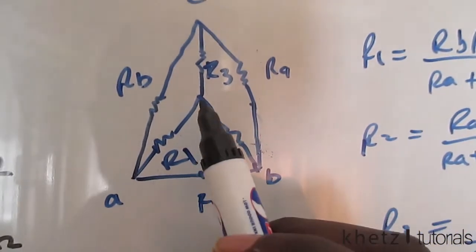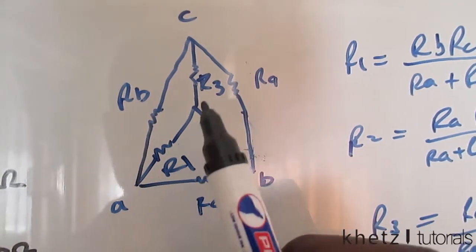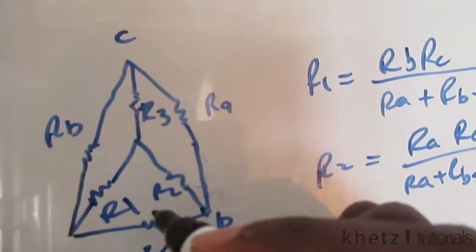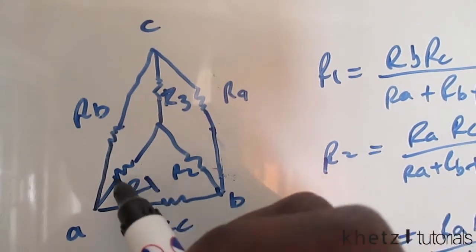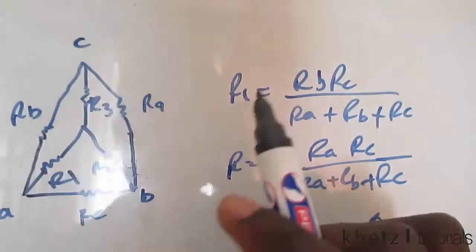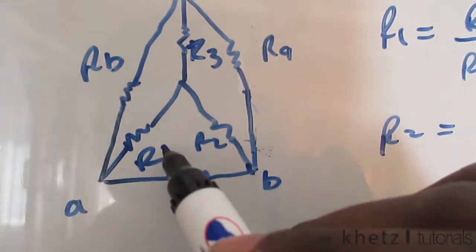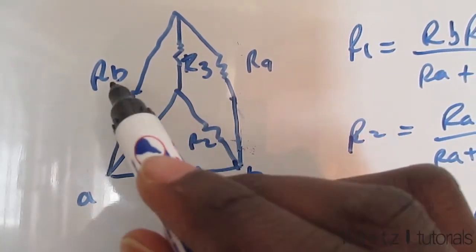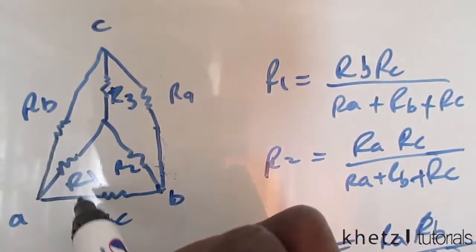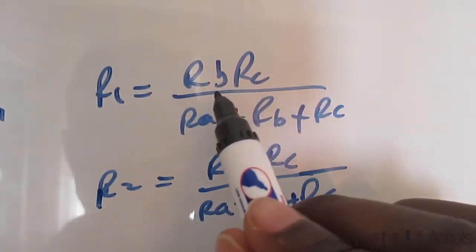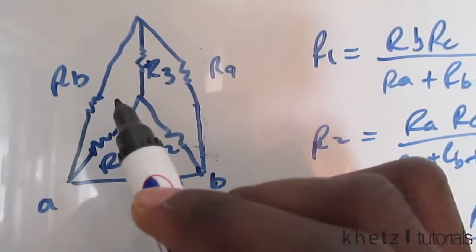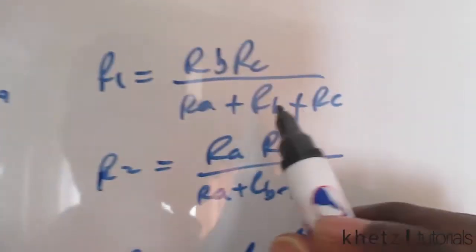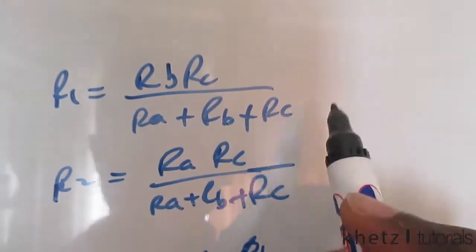If you take the delta network and draw a Y in between, to find this resistor, for instance R1, which I labeled here, here's what you do. You look at the two resistors which it's found between. In this case, that's RB and RC. Then you multiply those two at the top, RB and RC. And then you add the rest of the resistors which are present in the delta network, so you basically add all of them as the denominator.